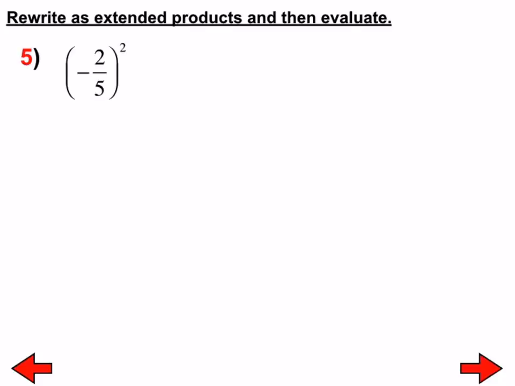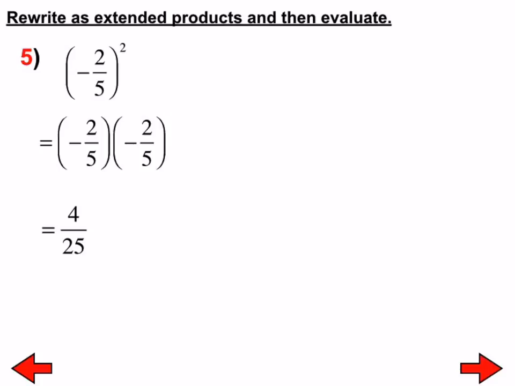One of the reasons for writing out the extended products is so that when you're doing stuff in your head, you don't make common mistakes. And as I was walking around, especially in number 6, that's what I saw. I don't think anybody missed this one. That means negative 2/5 times negative 2/5 as an extended product.